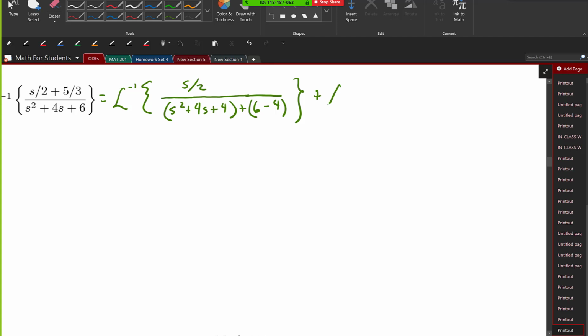And then for the second, we get the inverse transform of 5/3 all over s squared plus 4s plus 4 plus 6 minus 4. Folks, I don't require you to show a lot of work for these. You just got to get them right. I've worked a few of them, and I know how much work I need to show to generally get them right.